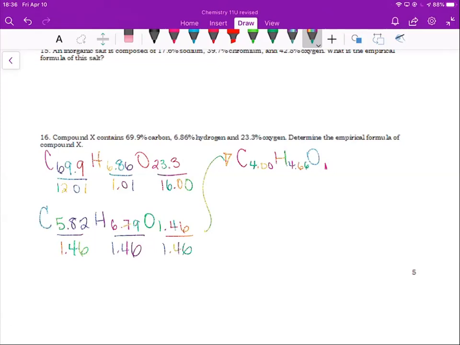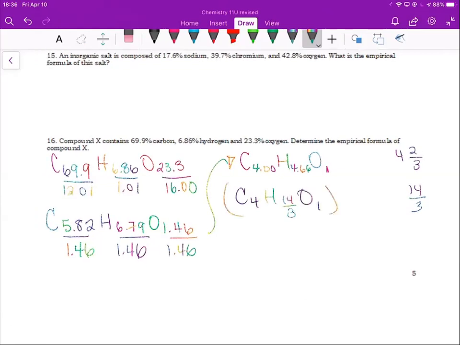And then that means that, again, I'm dealing with 4 2/3, which is going to be 14 over 3. And so my multiplier here is my only denominator, which is 3. So I'm going to get carbon 12, hydrogen 14, oxygen 3 equals molecular formula. Oh, no, what am I saying? Empirical formula.